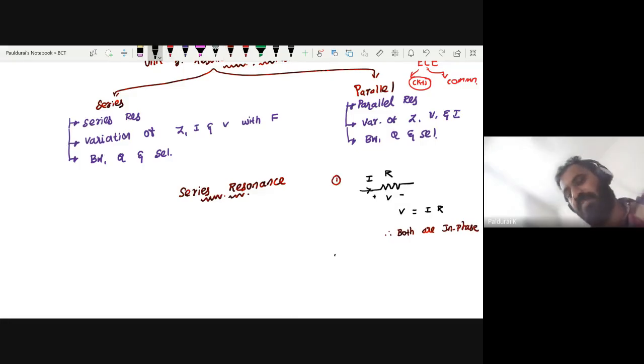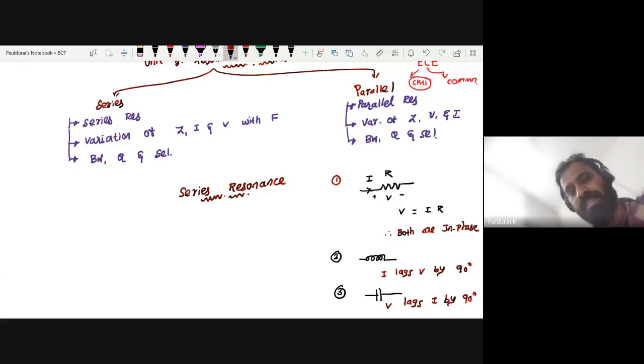Coming to the inductor, what is the conclusion I have given? Inductor current lags voltage by 90 degrees. Take the third element, the capacitor: voltage lags current by 90 degrees. This you already know, right?